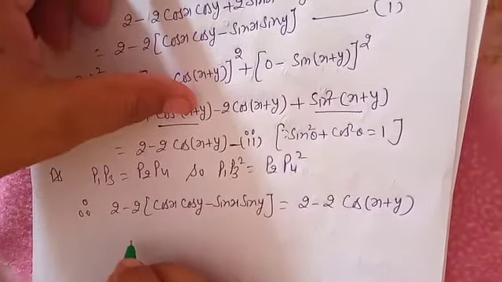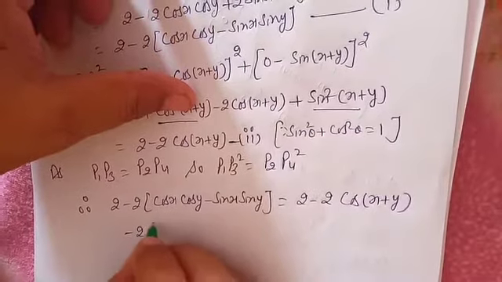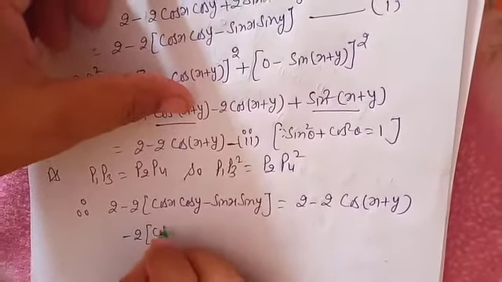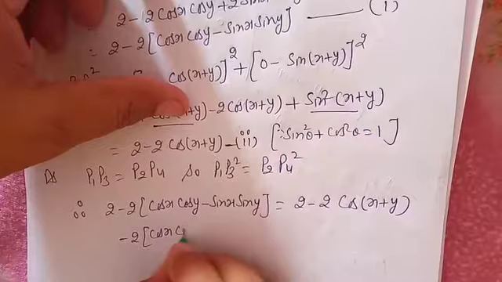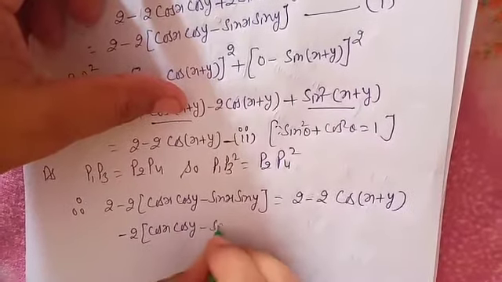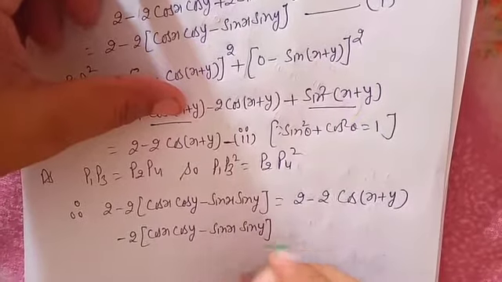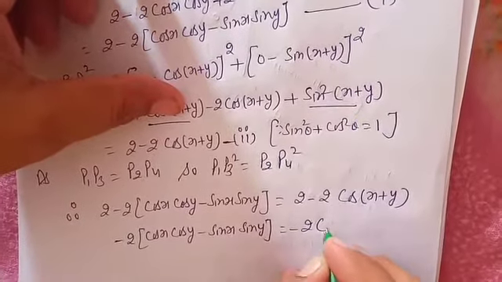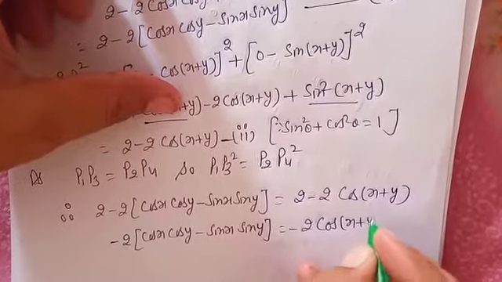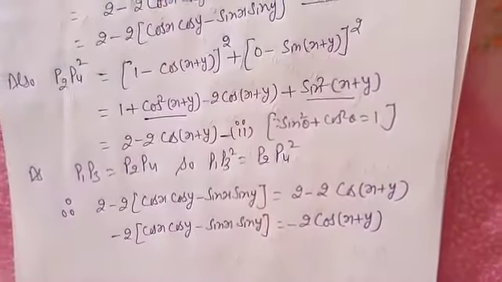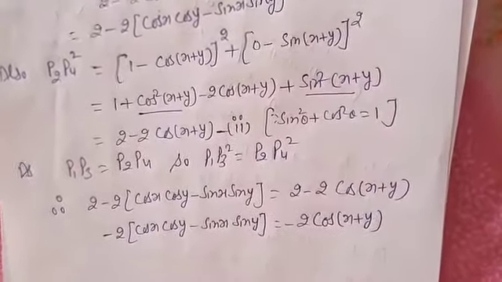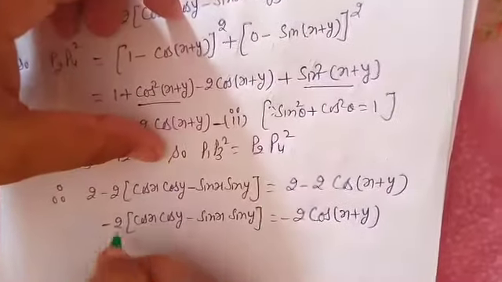After subtracting 2, cos x cos y minus sin x sin y times minus 2 is equal to minus 2 cos of x plus y. Now divide by minus 2, then cancel out.